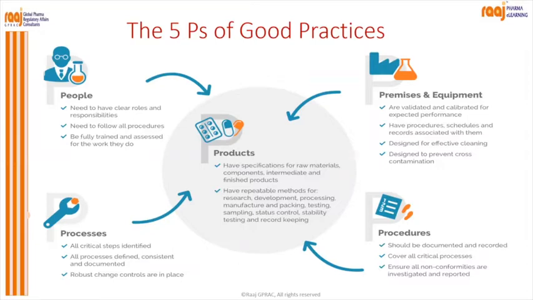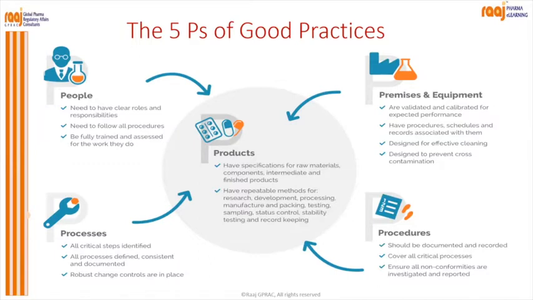Suppose for a particular product, temperature becomes critical; for some products, humidity becomes critical, for hygroscopic material. So according to your process and product, you have to define the critical steps in your procedure, and everything should be documented. So all processes are defined, consistent, and documented.